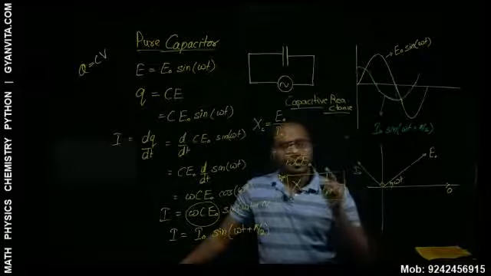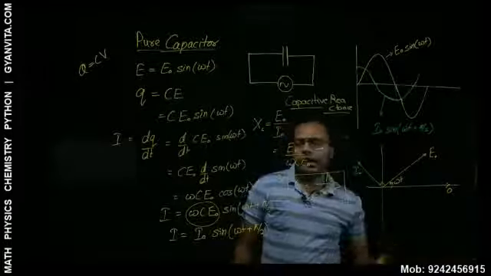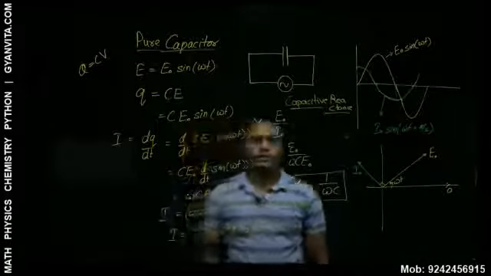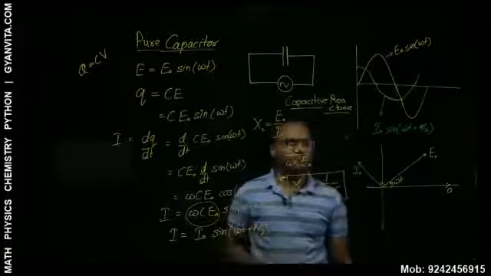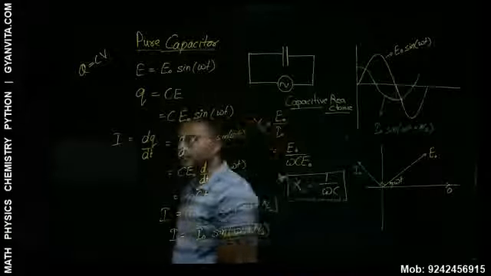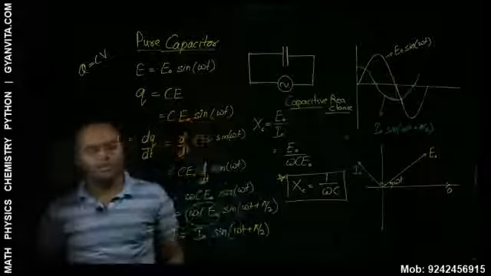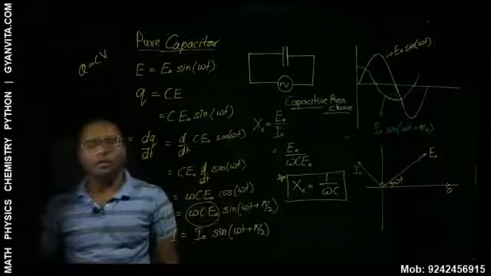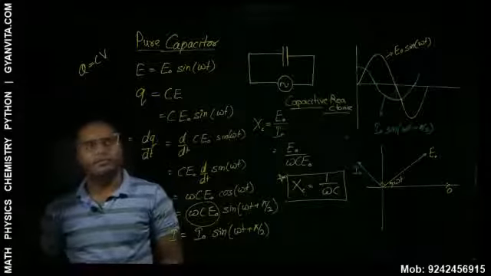So capacitors block DC and inductors allow DC. So these are the three circuit elements which we have seen, and we have also seen these 5 things related to all these circuit elements.